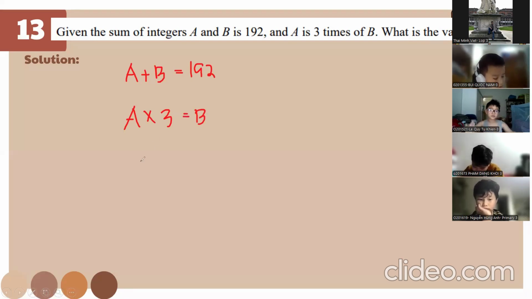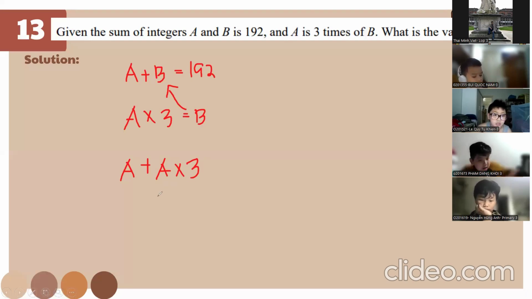Okay? And we can just substitute here. So a plus a times 3. The total is 48.